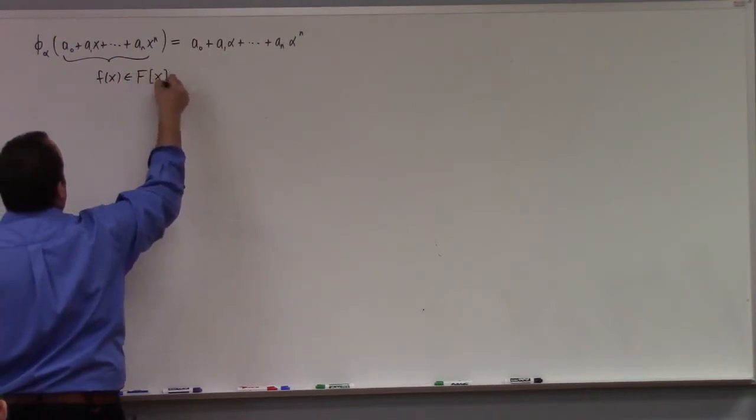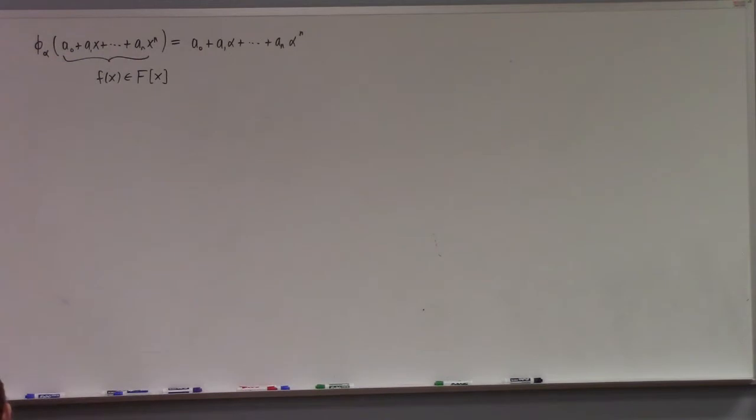It's a polynomial with coefficients in the field, but alpha where? I think I've forgotten an important thing: when we defined phi a, did we say a had to come from the same field where the polynomial lives?